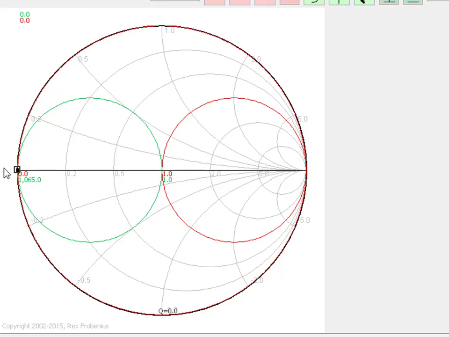You're going to expect the component to see a termination way over here on the short circuit side of the chart. But what the Smith chart allows us to do is see what happens when we have a length of line between the component and the ground, which is physically what you end up with in most circumstances.